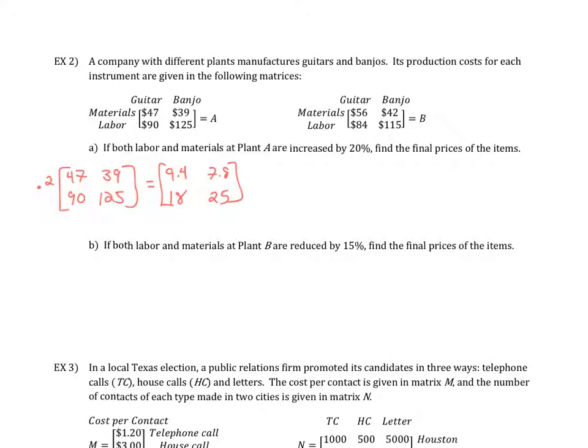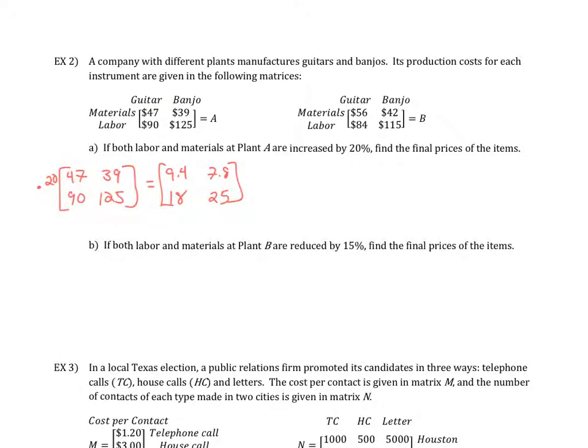So here's what that matrix looks like as we multiply all of the values from plant A by 0.2, which again represents the 20% that we were given here, 0.2, or if you like 0.20. So what's happening here? This is the increase on these prices.